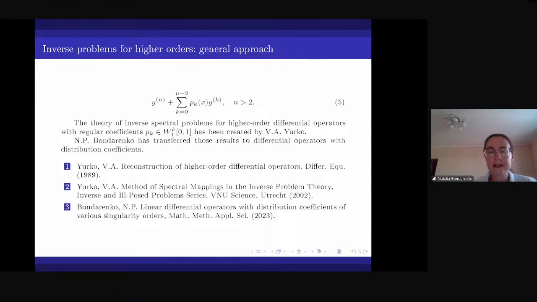Specifically, we will apply the general approach to inverse spectral problems for higher order differential operators, developed by Vyacheslav Anatolievich Yurko and based on the method of spectral mappings. This method works not only for the fourth order, but for higher order operators of the form 5 of any order.